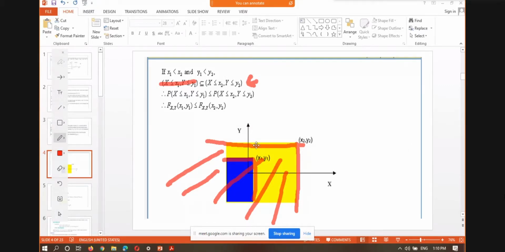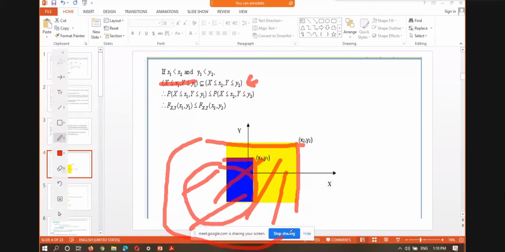Obviously this is the larger set and this is the smaller set, so all the sample points belonging to the smaller domain also belong to the larger domain. So the probability of the larger set is greater than the probability of the smaller set. This probability is the cumulative distribution function at x2, y2 for the random variable (X, Y), and this is for x1, y1.